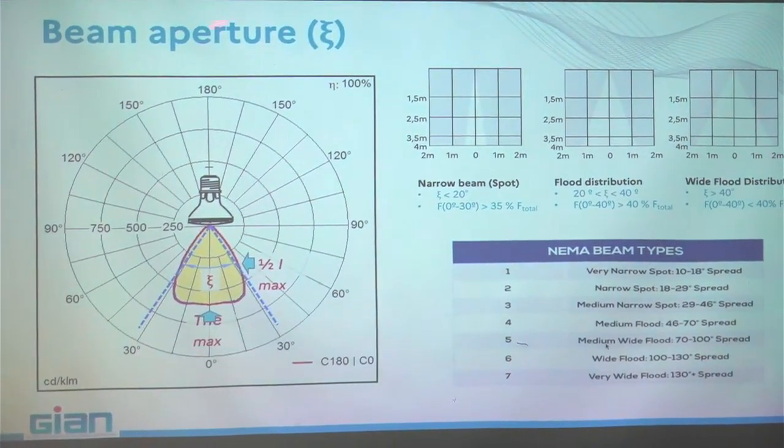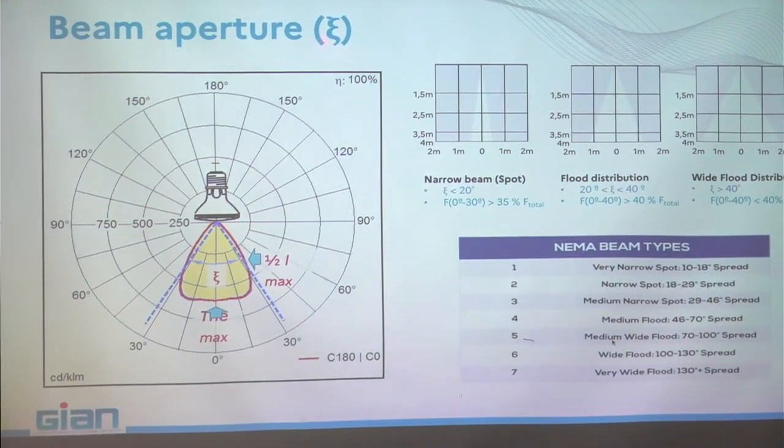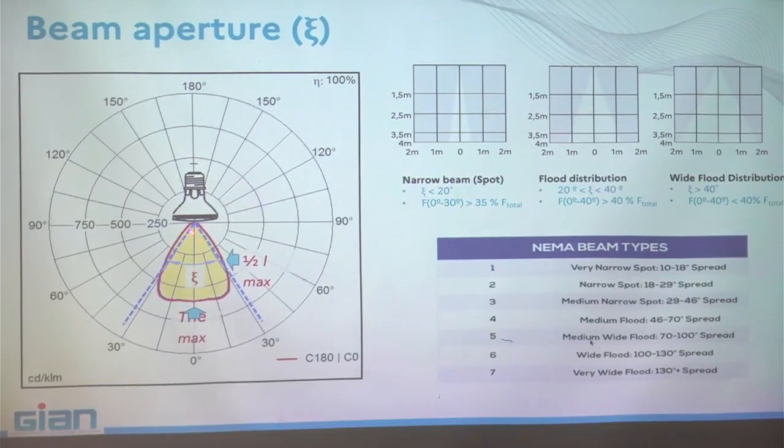A parameter which is very interesting also to understand is the beam aperture. You have here the photometric file for this lamp, and if you put a point here, the center of the lamp, and you say that the maximum intensity is here, then I am looking for the point where the intensity is half of the maximum intensity.